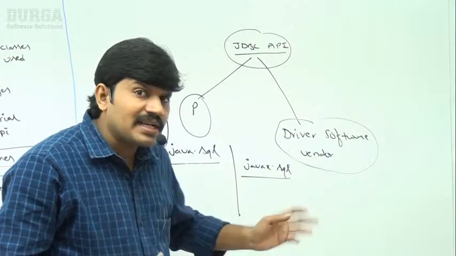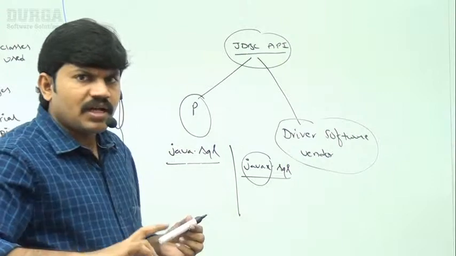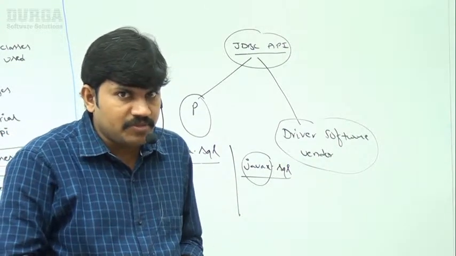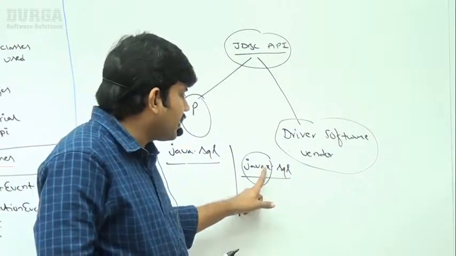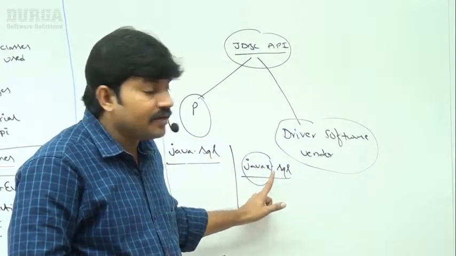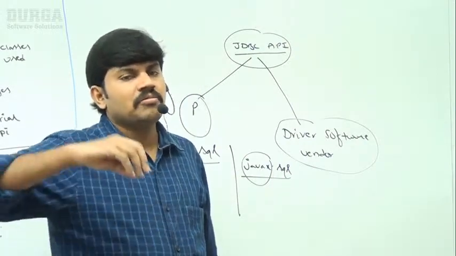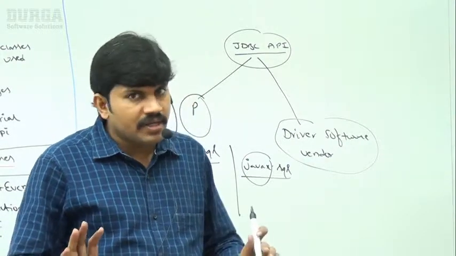But javax.sql, can you spell out what the meaning of X is? Java extension. Remember, these ones are a bit advanced. X means extension. So the javax.sql package contains more advanced classes and interfaces which can be used for database communication.